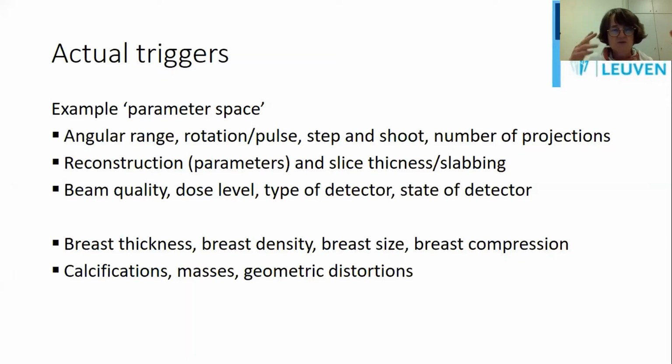So you start considering angular range, the rotation, continuous or step and shoot, the number of projections, the reconstruction parameters, the reconstruction algorithm, the slice thickness, the slabbing, the beam quality. I mean, this is endless. And if you really want to know it, then for every possibility, you would have to do a clinical study with all these types of combinations of parameters.